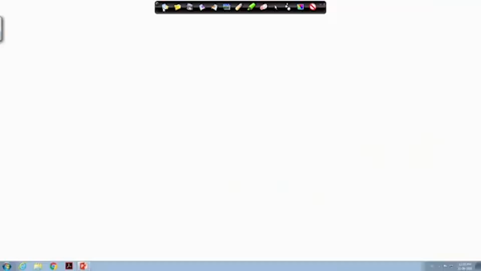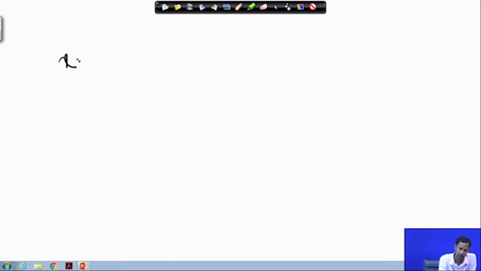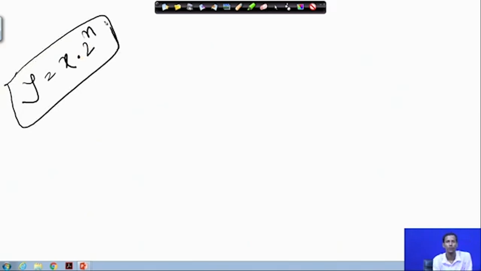The next circuit which I want to implement is this: let us consider I want a function which will give me x into 2 to the power of n. We have to implement this kind of function.